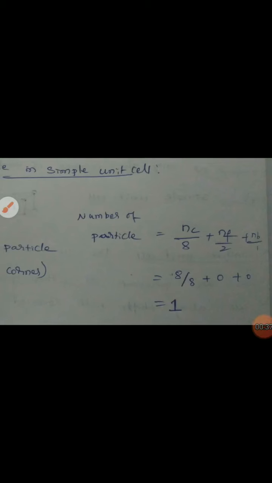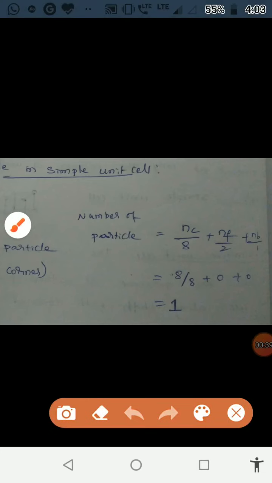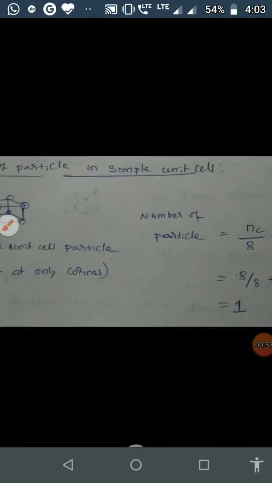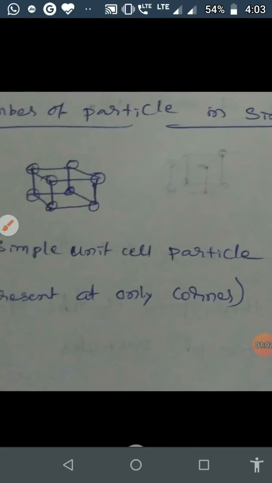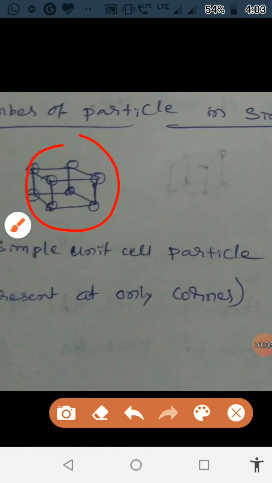Here Nc stands for the number of particles which are present at the corner, Nf stands for the number of particles which are present at the center of a face, and Nb stands for the number of particles which are present at the center of the unit cell. The particle present at the corner of the unit cell is shared between 8 different unit cells.